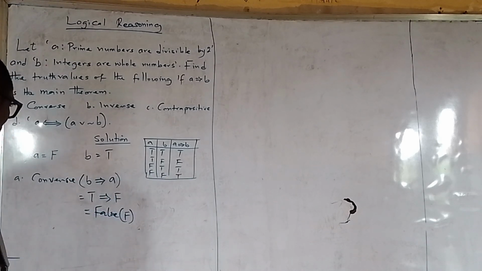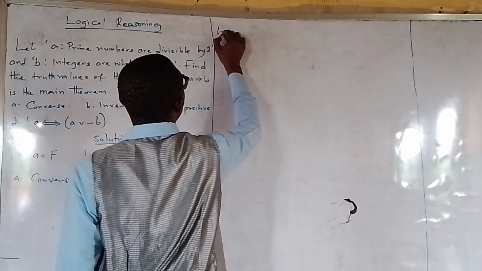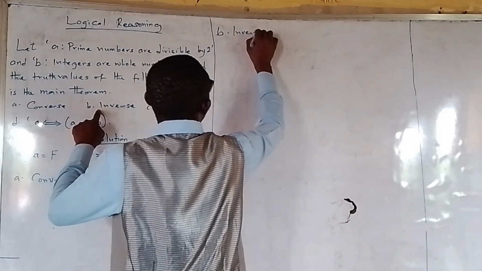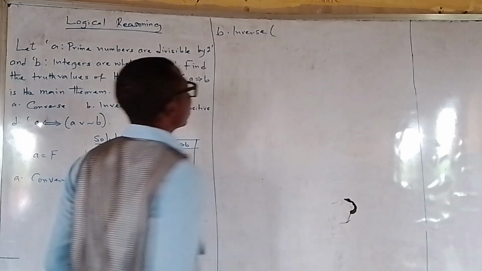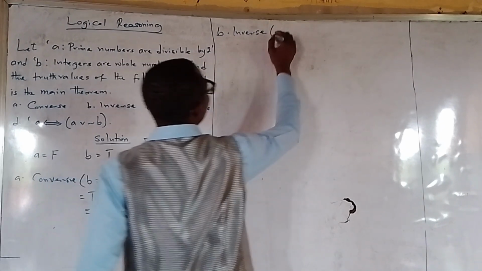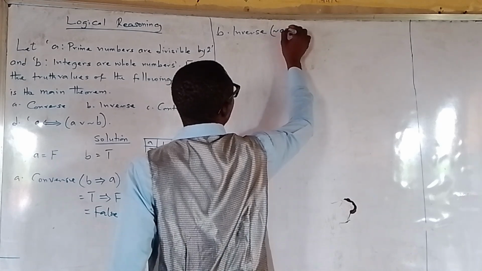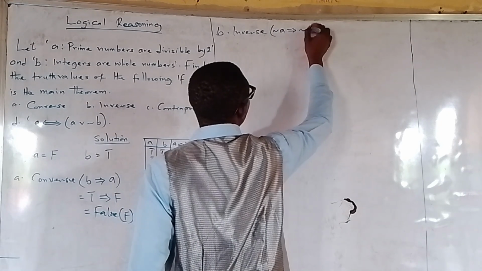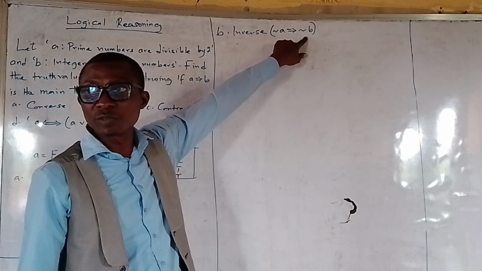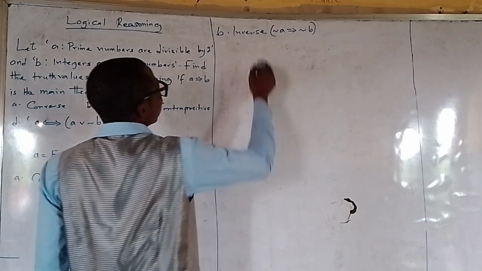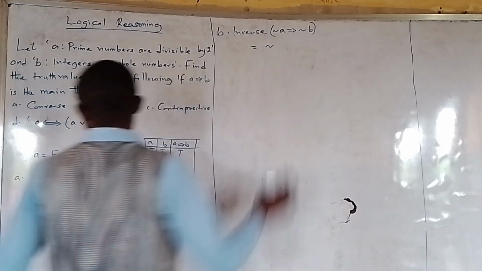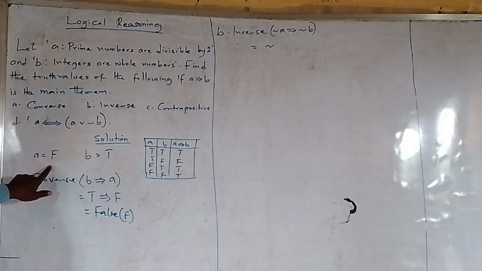Now let's look at the second one, B. We have inverse. What is the notation for inverse? That is negation of A implies negation of B. Alright? We just substitute. What is A? A is false.